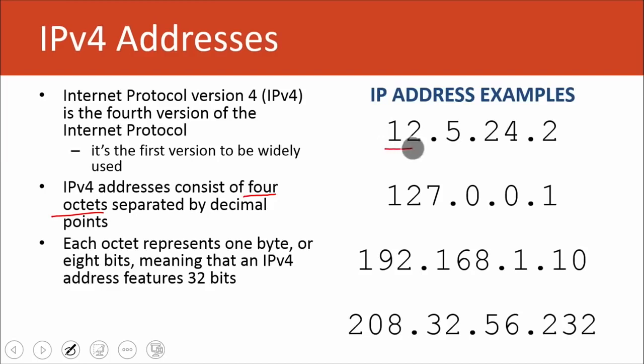So you've got 1, 2, 3, 4. We have 4 different examples here. Each has 4 octets, and each octet is separated by a decimal point. You may refer to it as a period, but call it a decimal for this sake. Each octet represents 1 byte, or 8 bits, meaning that an IPv4 address features 32 bits.